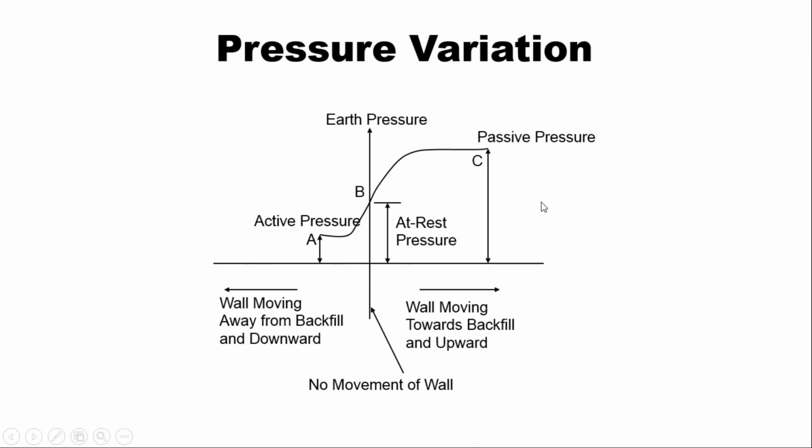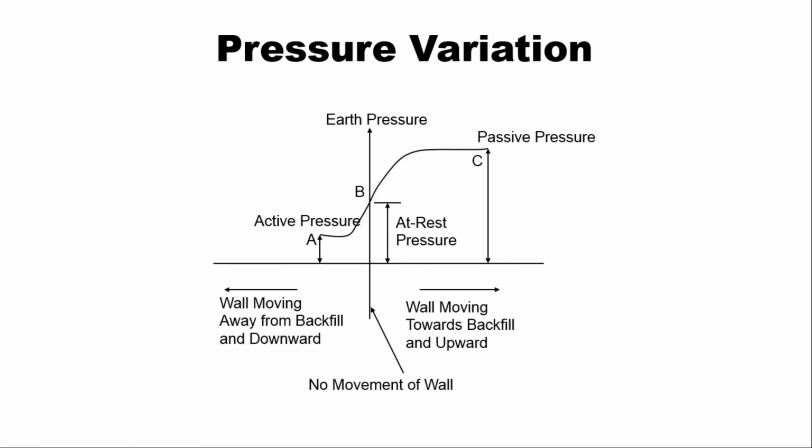And in the cases when the walls are designed to move towards the backfill, for example, the top portion of a sheet pile wall, when it is pulled by the anchor, the wall is moving towards the backfill. In such a case, in the top position it is passive pressure.